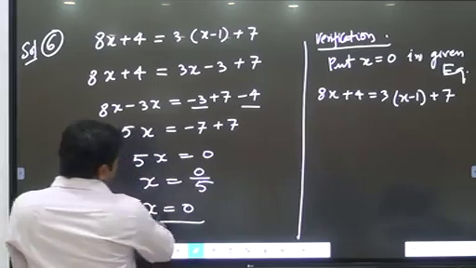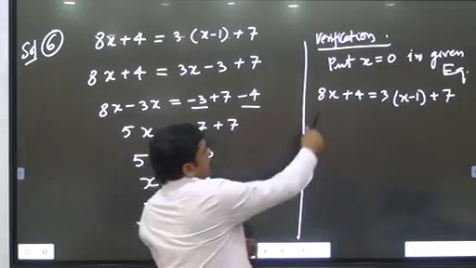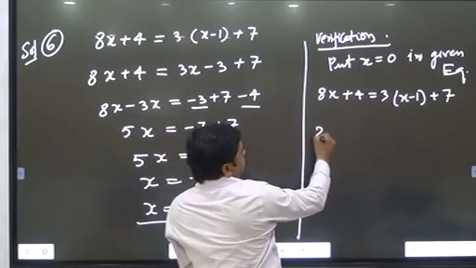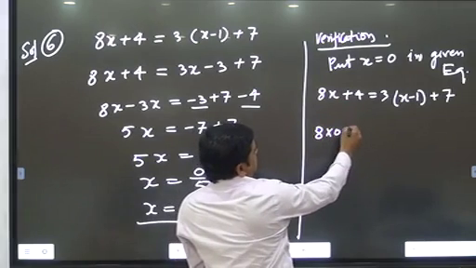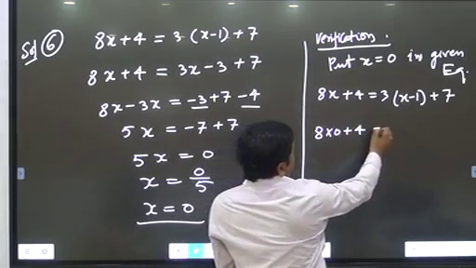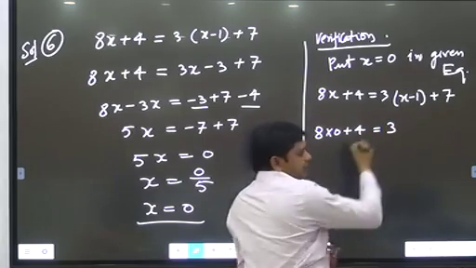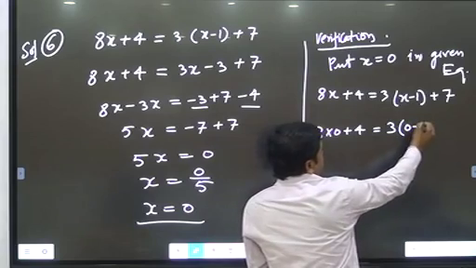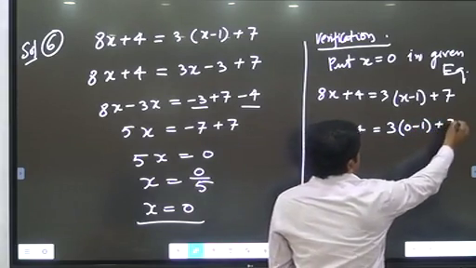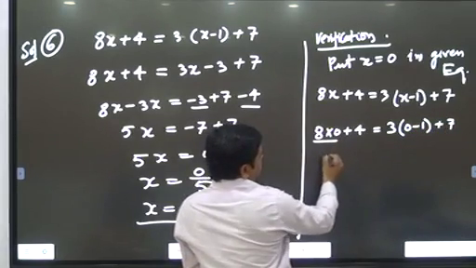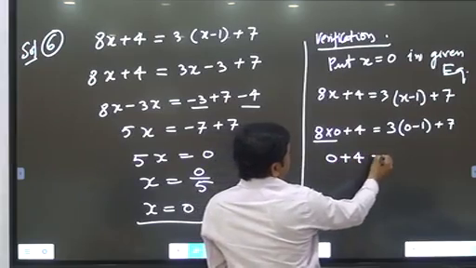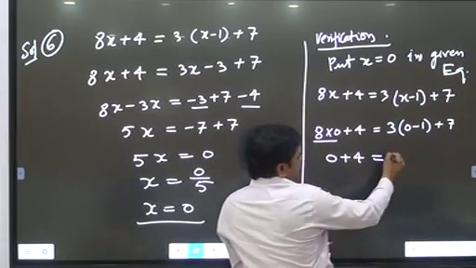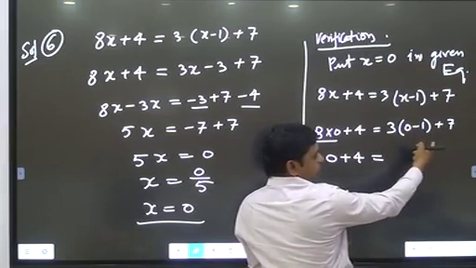So put x equal to 0. 8x means 8 into 0 plus 4 equal to 3, and x means 0, minus 1 plus 7. So here 0 plus 4 is equal to 0 minus 1 equal to minus 1.